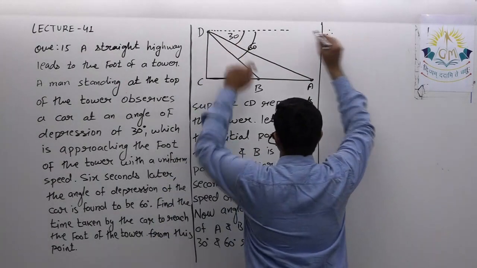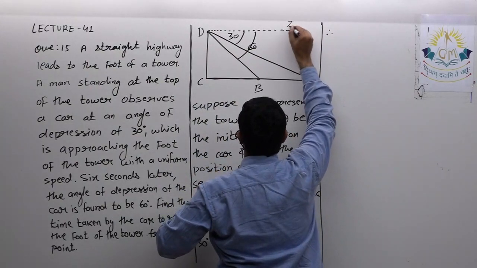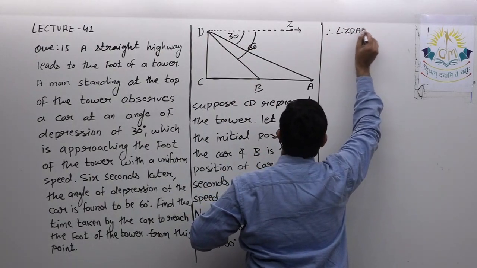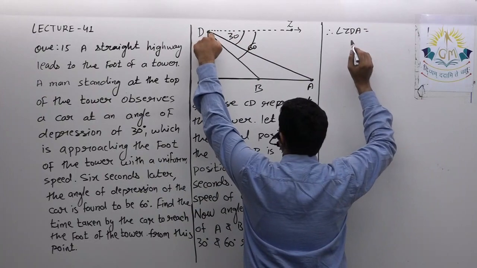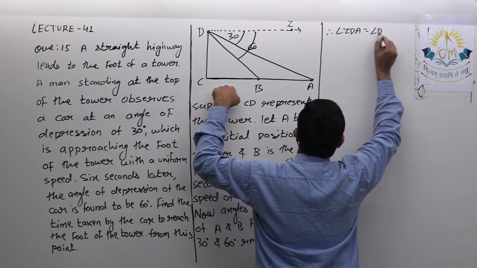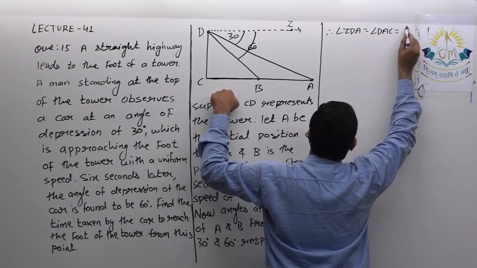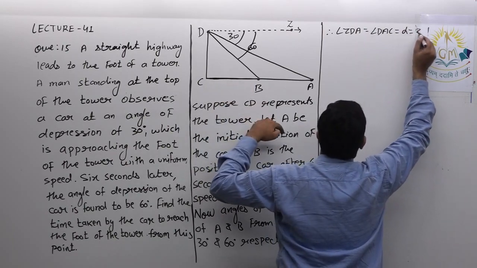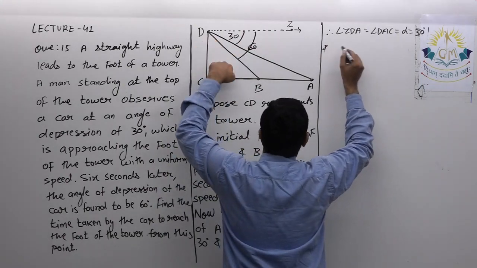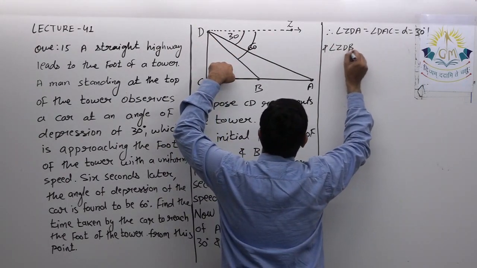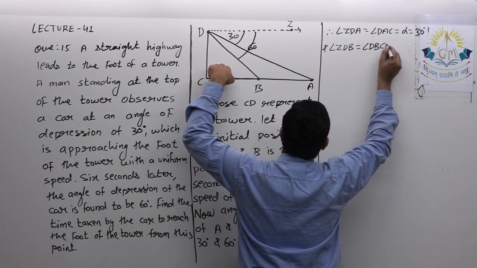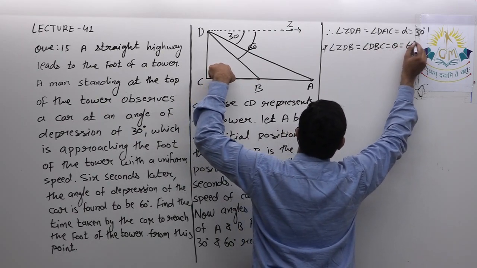Therefore let this point be Z. Therefore angle ZDA is equal to angle DAC is equal to alpha is equal to 30 degree, and angle ZDB is equal to angle DBC is equal to theta is equal to 60 degree.